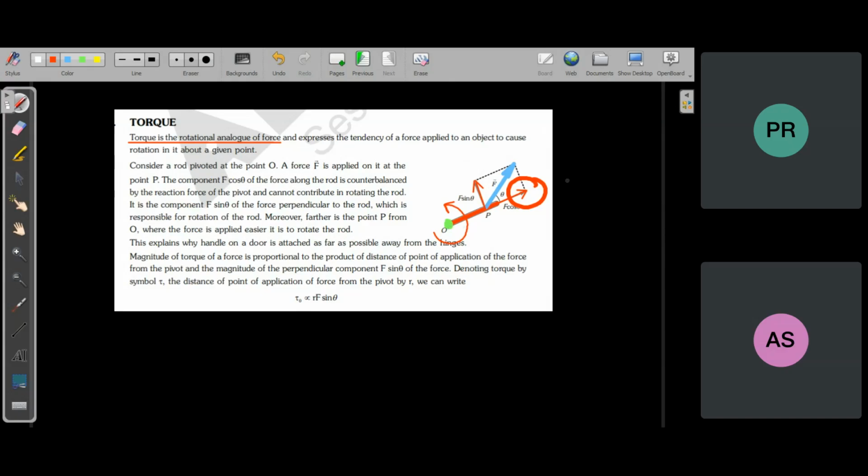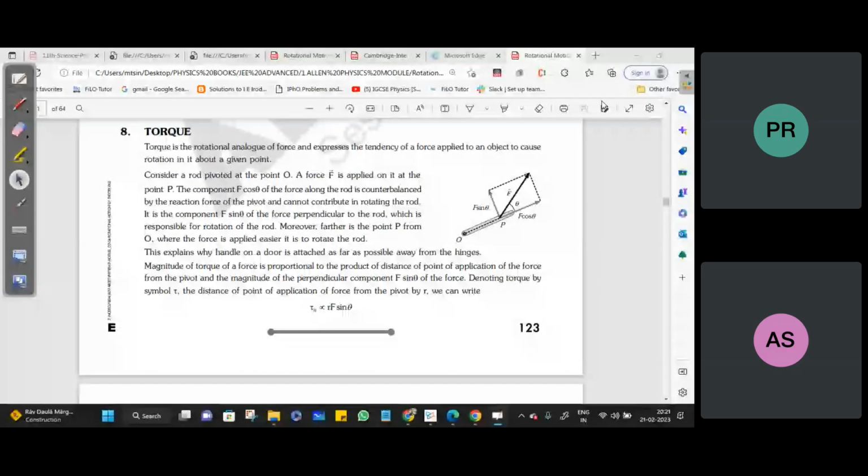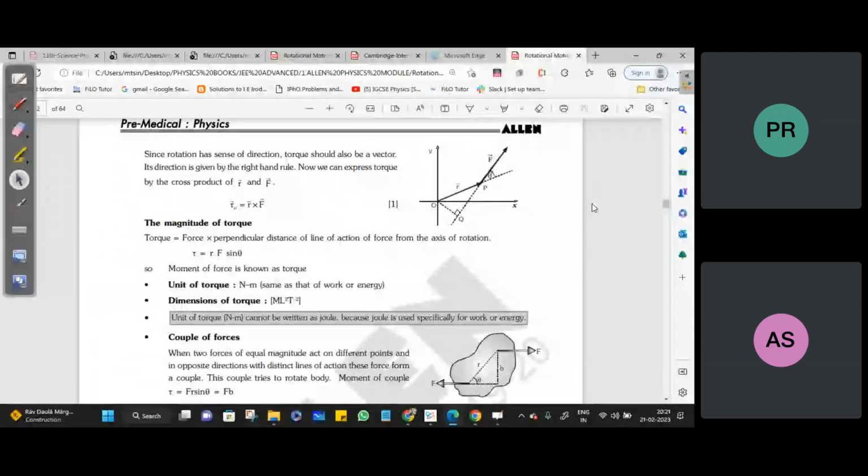Because if you apply a force on the rod along the rod, this force cannot rotate it. But the other component of the force will be responsible for rotation. So the component F sine theta is producing the turning effect, means is responsible for producing the torque.